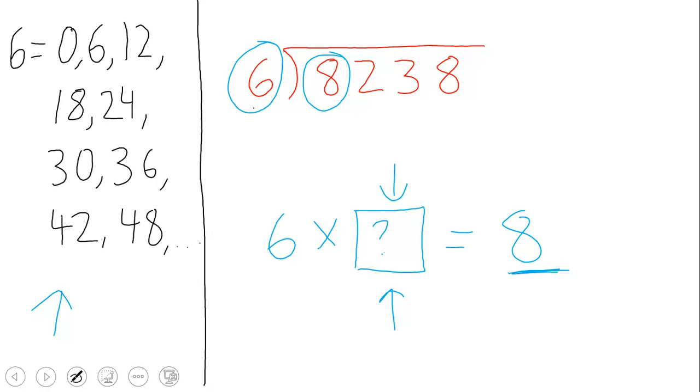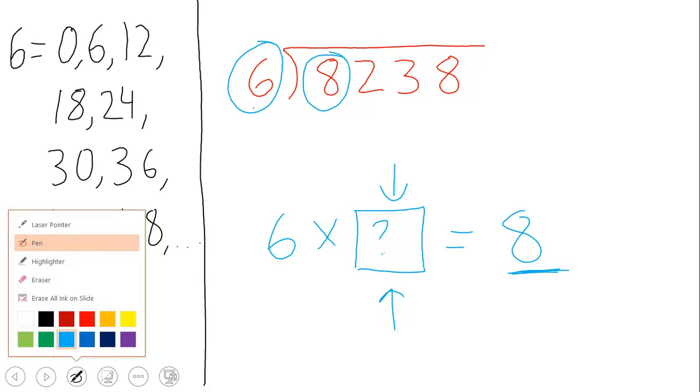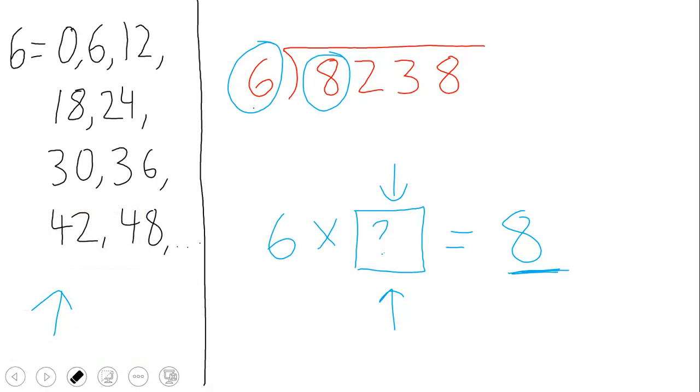So since 6 does not evenly divide 8, we're going to ask another question. Since I cannot find a number that I could multiply by 6 which will immediately give me 8, I'm going to go to the next best thing.